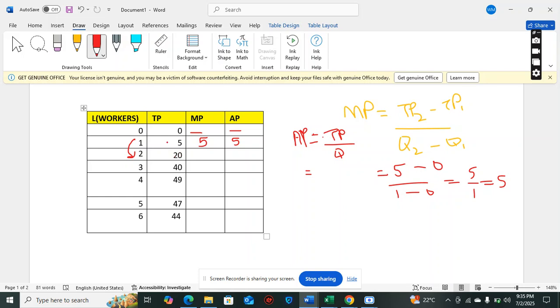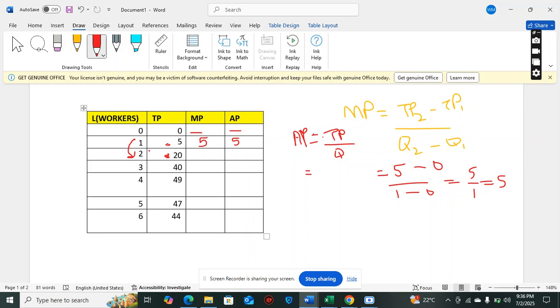Your TP2 is 20, your TP1 is 5. Now the change in the number of workers is always 1, so our denominator will always be 1. In the exam, you need to show all those workings, but here I don't want to be drawing too much. I'll just use the shortcut method.